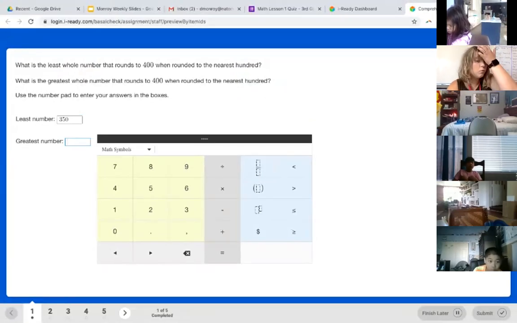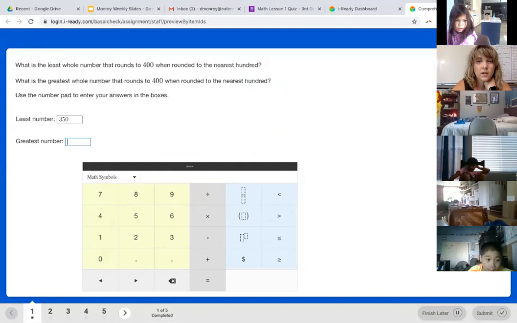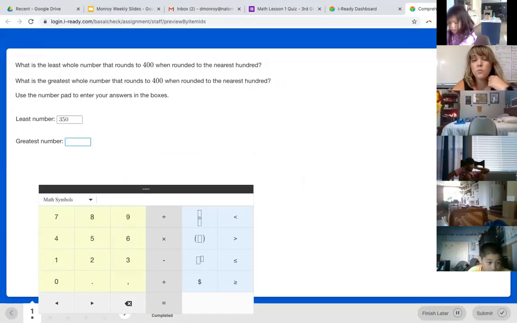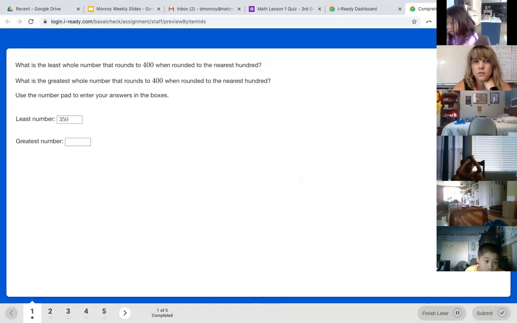Then it says, what is the greatest whole number that rounds to 400 when rounded to the nearest 100? Now we're going to go to what Marcella said first. So now I could say a number between 400 and 500.